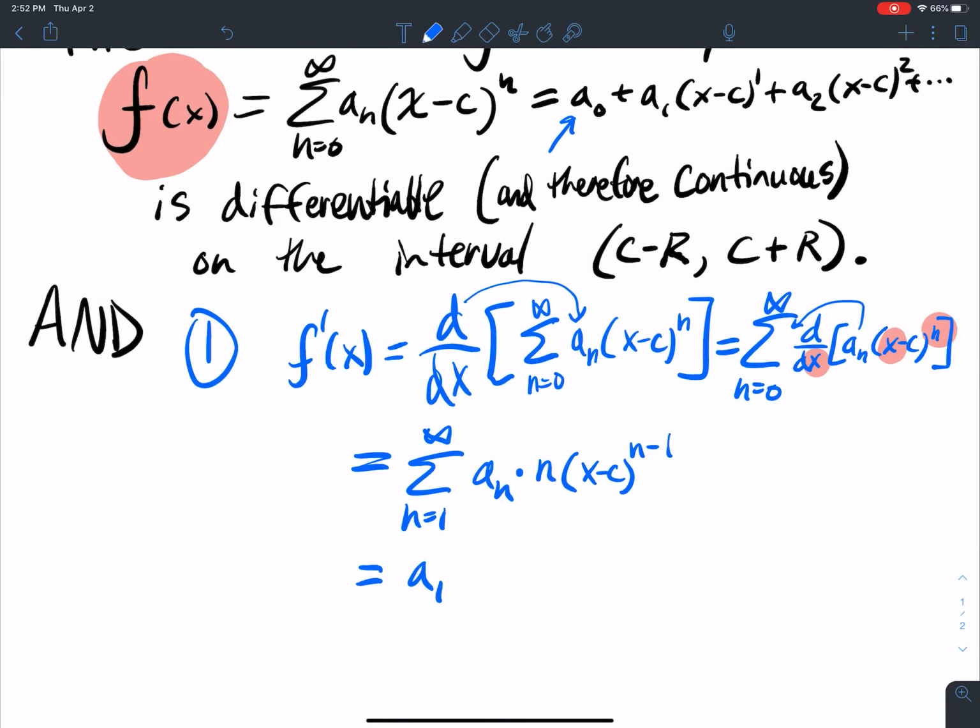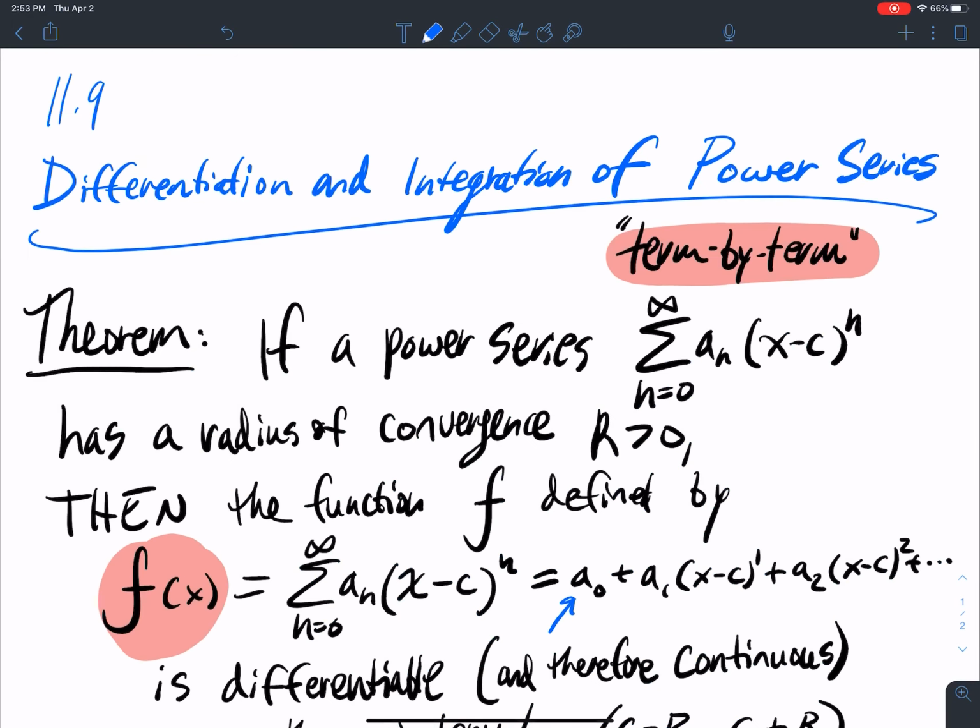I have a1 times 1, and then times x minus c to the 1 minus 1, which is 0, so that goes away. And then plus a2 times 2, x minus c to the 2 minus 1, plus a3 times 3, x minus c to the 3 minus 1, and so on, right?